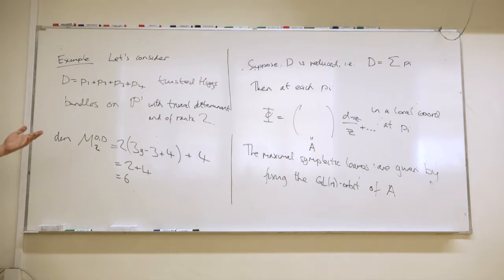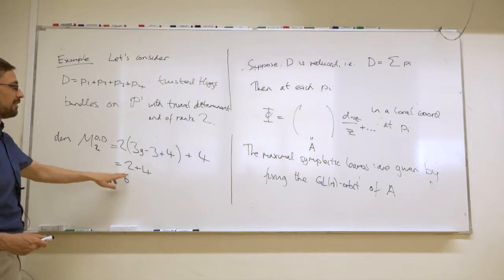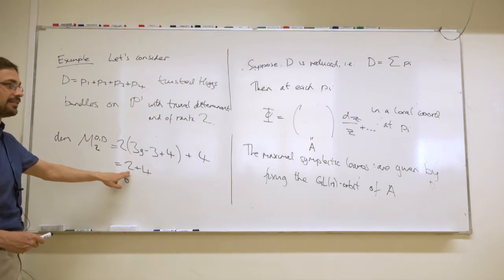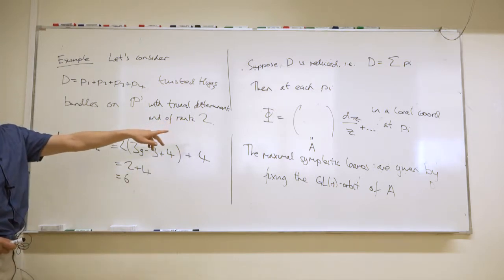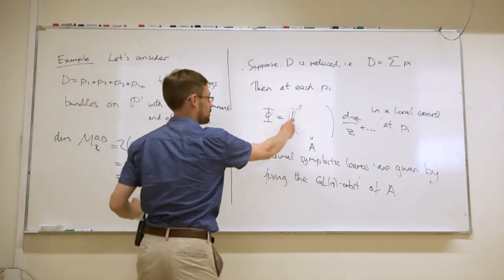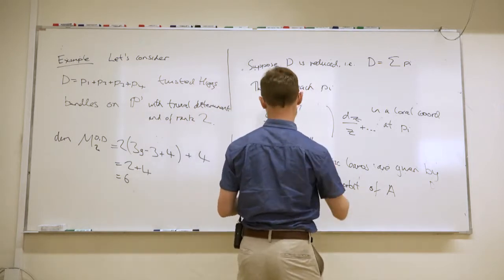So the big moduli space has dimension 6, but what I'm interested in is the maximal symplectic leaves, and they have dimension 2, and the way you get them is exactly by fixing the orbit of this principal part.